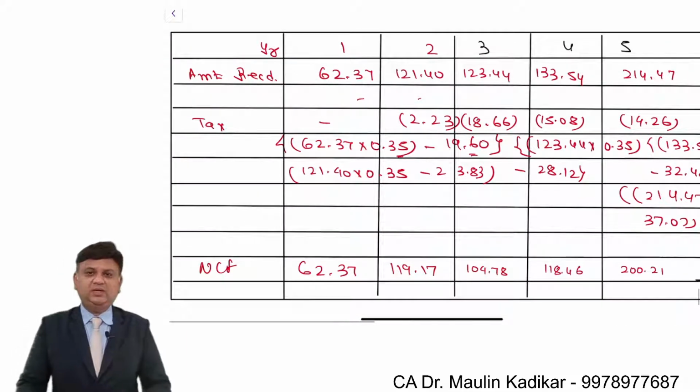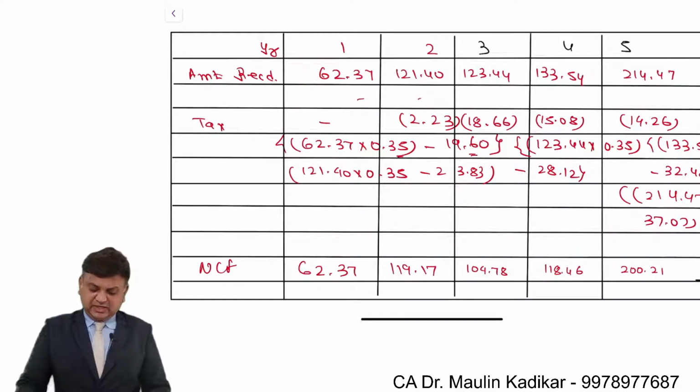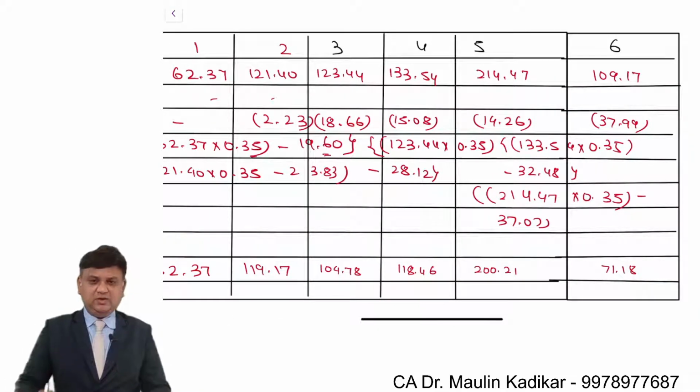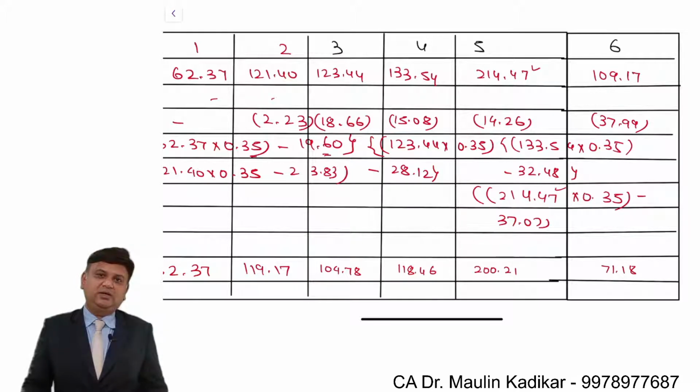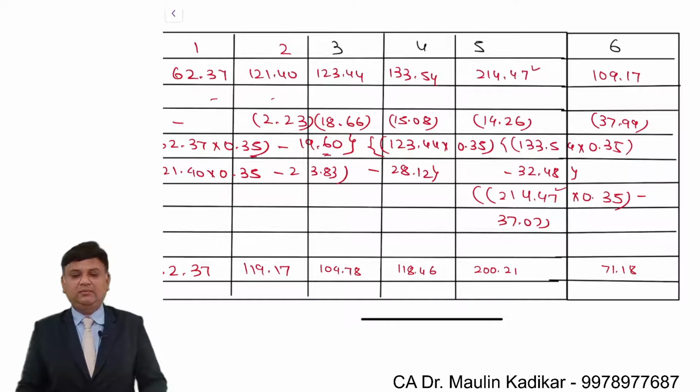Dear students, over here, the institute has provided suggested answers wherein, on the amount received in the fifth year, they have computed the income tax liability, even though the amount we have received includes the working capital recovery. Actually, the working capital recovery is not income.